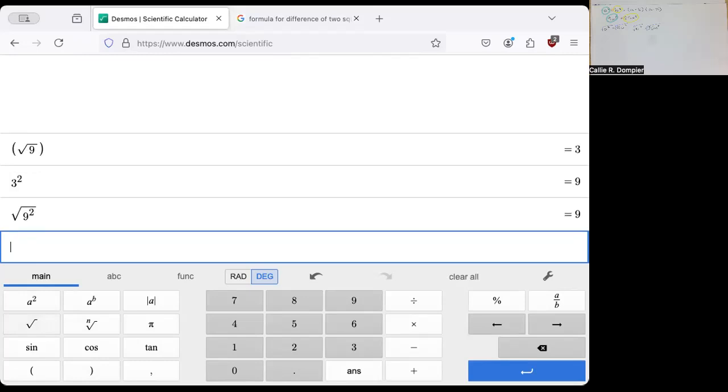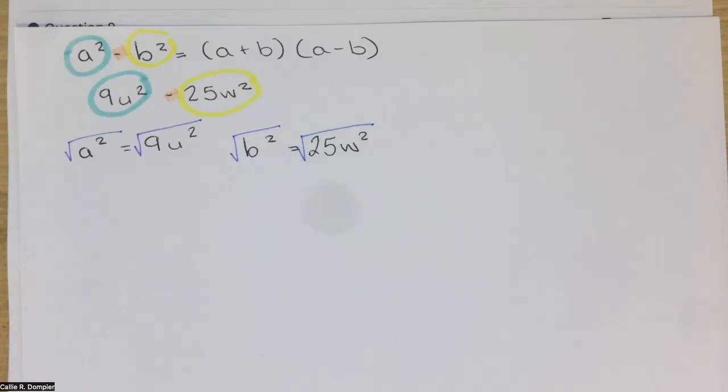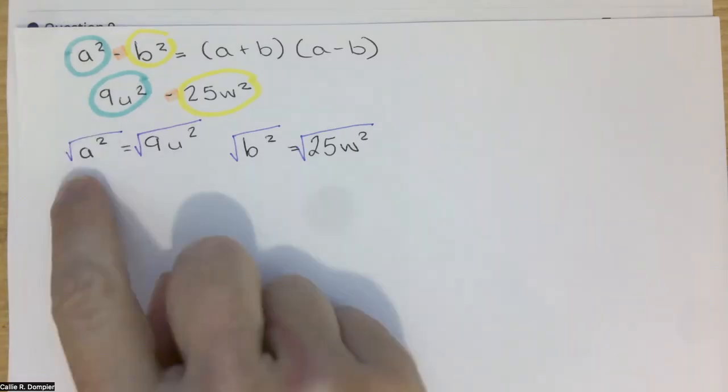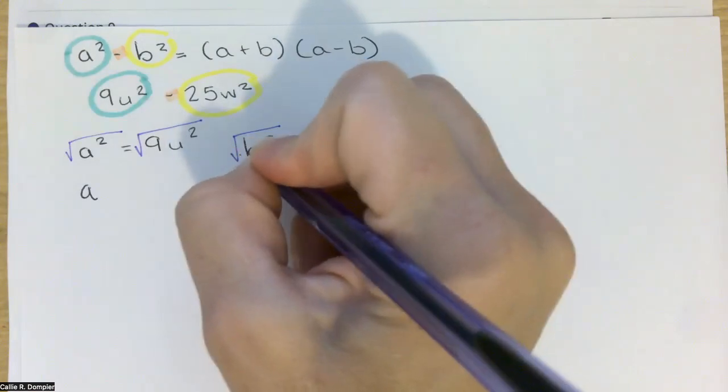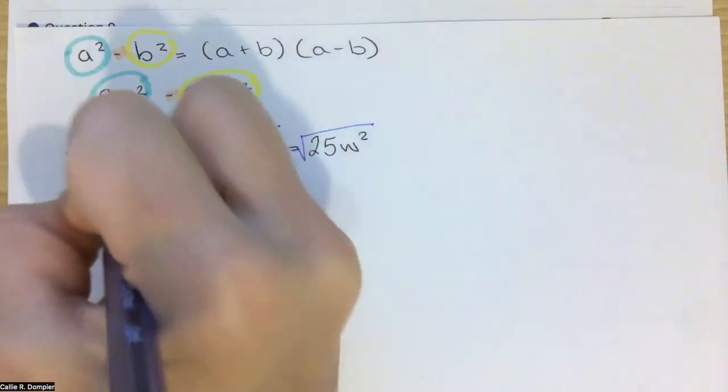It doesn't even matter what order I put it in. The square root of 9 squared is going to be itself. That's how we know it does cancel. So the square root of a squared is just going to be a. The square root of b squared is just going to be b. So we're done with that side.